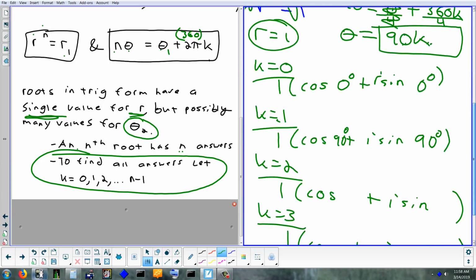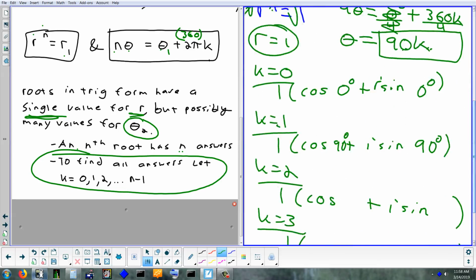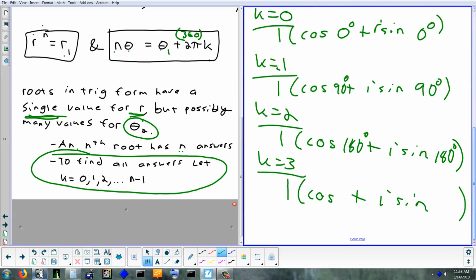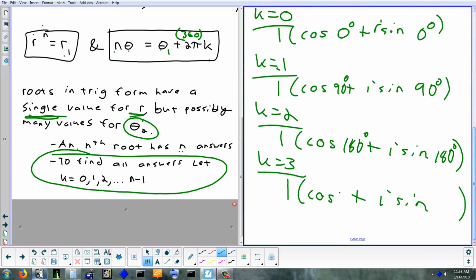K equals 2. What's 90 times 2? 180. K equals 3. What's 90 times 3? 270. I didn't really leave enough room, but that's okay.